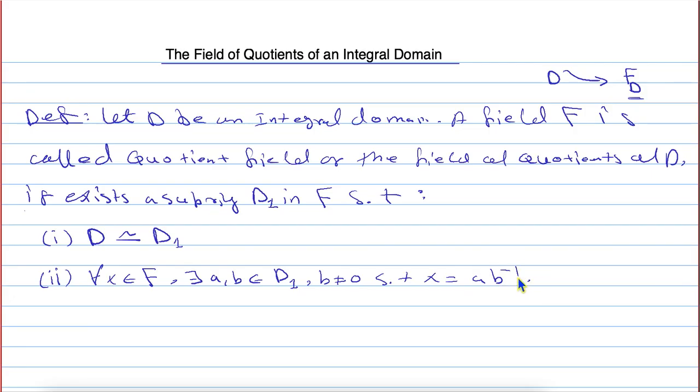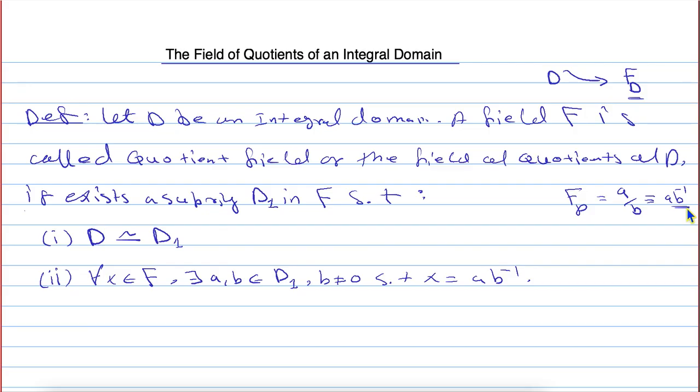You remember last time when we defined F sub D, we said that the elements in F sub D are equivalence classes in the form A over B. So this is equivalent to A B inverse in this generalization.